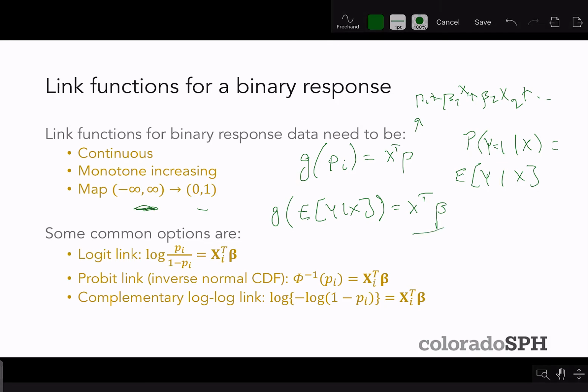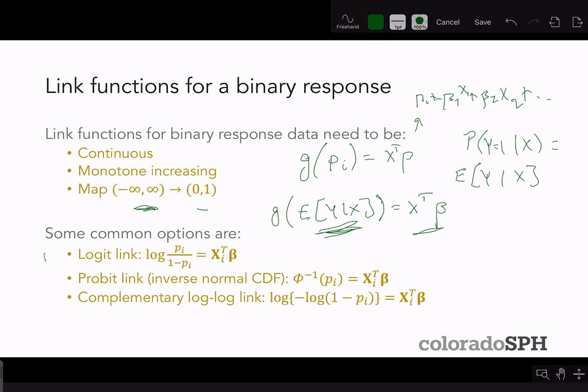In this case, x transpose beta, we always assume can be in the real range of negative infinity to infinity, and the expectation of y, what's inside of this link function, that range is going to depend on what distribution you're assuming. And for binary data, that's going to take the range of 0 to 1. So we want link functions that map 0, 1 to infinity.